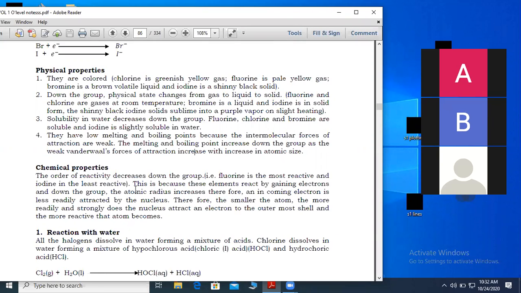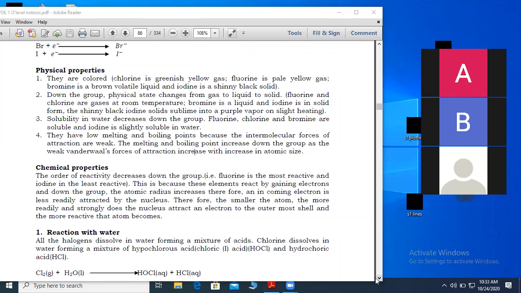For now, let us keep in mind that down the group for non-metals the reactivity decreases, but for metals the reactivity increases down the group. For example, in group 1, potassium is the lowest down the group and it is the most reactive.